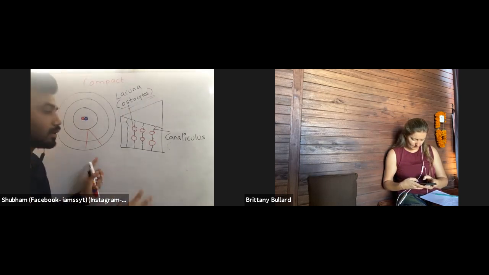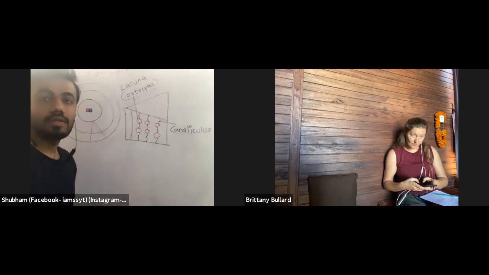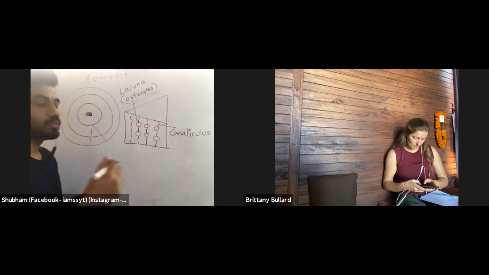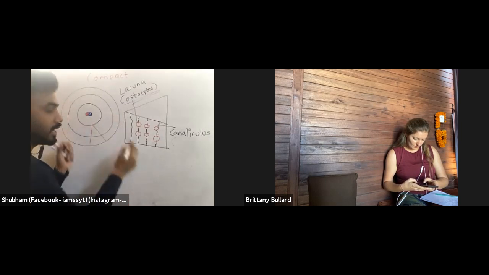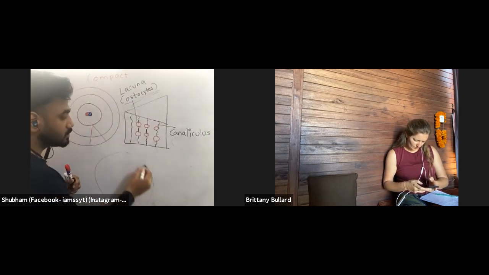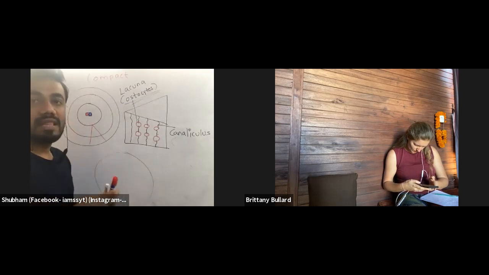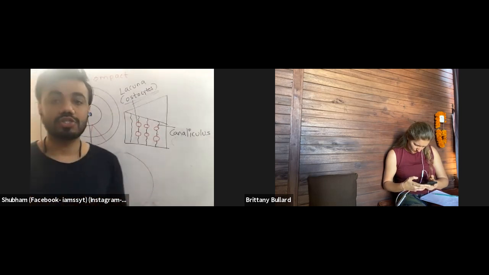I will write here on the below. I think you can see it. So here below only about the spongy bone. Similarly, like a compact bone, this spongy bone will have a honeycomb structure.